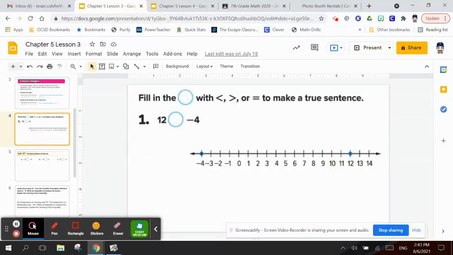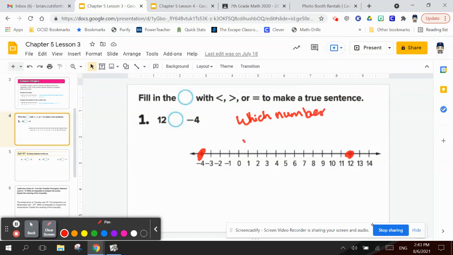So when we look at number 1, it says fill in a circle with less than, greater than, or equal to make this a true statement. So 12 is blank negative 4. For this, we're going to graph. So here's 12. Here's negative 4. Again, my question is, which number is farthest to the right?